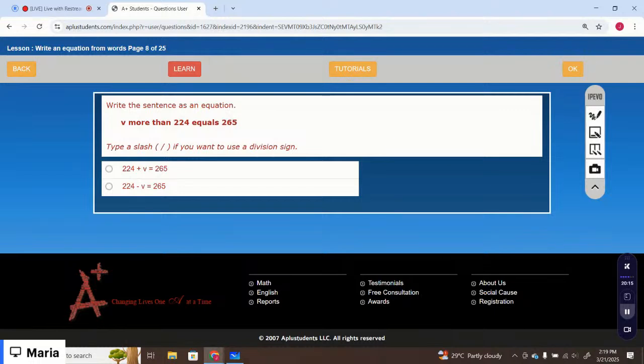Write the sentence as an equation. v more than 224 equals 265. Which is the correct option?